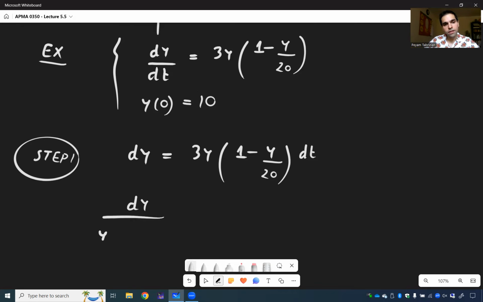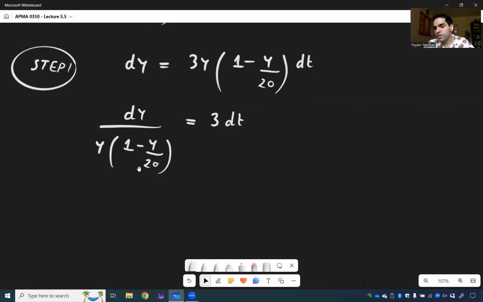So the whole thing, dy over y times 1 minus y over 20, equals 3 dt. You may wonder, oh, what about that 3? You can really put it wherever you want. You can put it with the y's or with the t's, but this will make the next step a little bit easier.